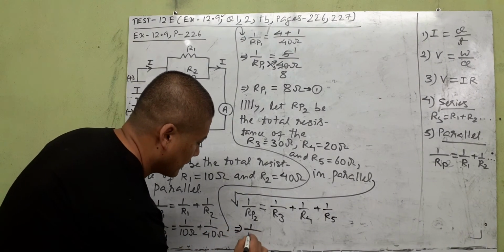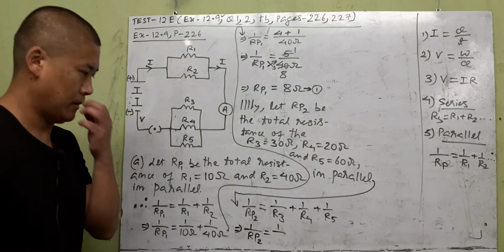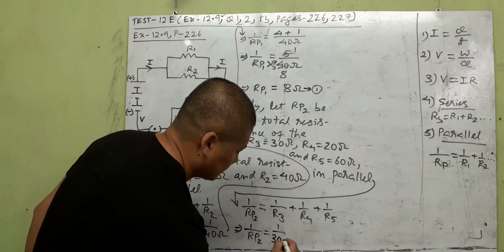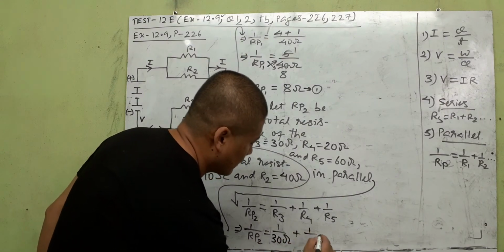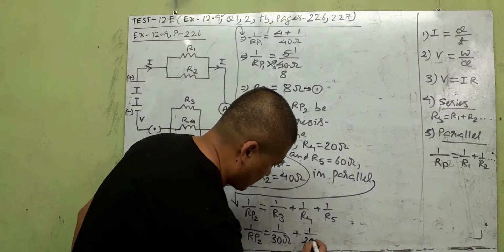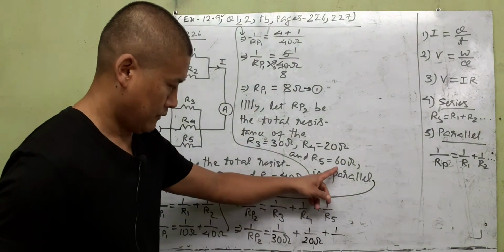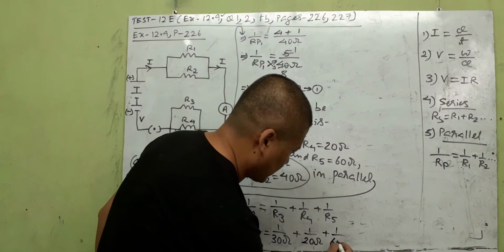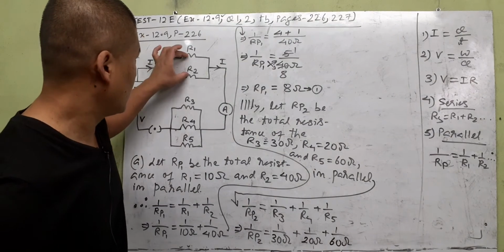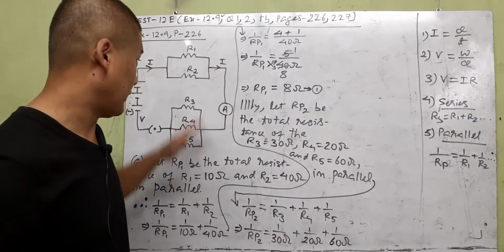So 1 by Rp2 will be 1 by, and R3 here is 30, so we write here 30 ohms plus 1 by, here this one 20 ohms plus 1 by R5 is here 60 ohms, so we write that. So these two together total we found separately, these total we found out the total, and we will go to the next step to find the whole total.